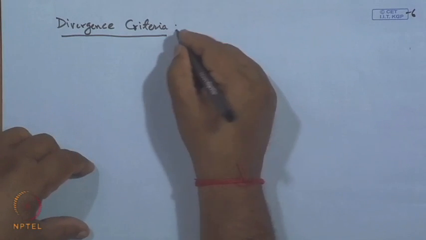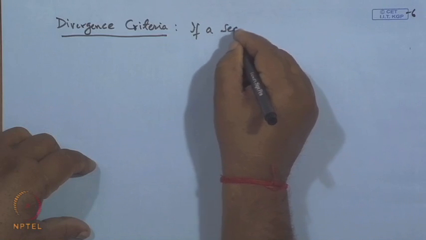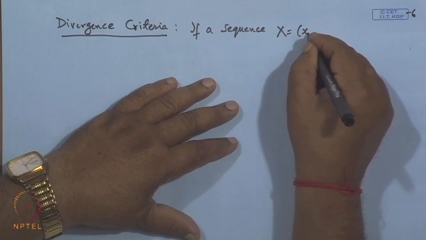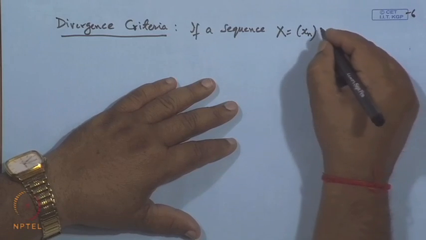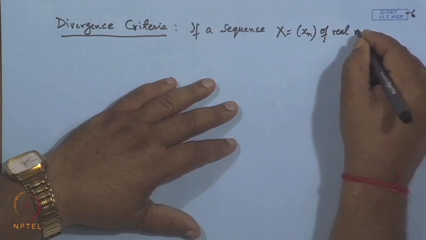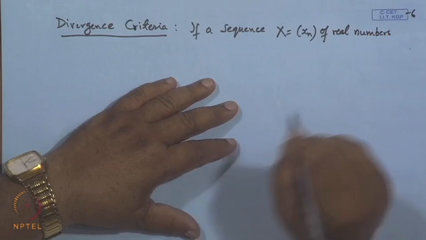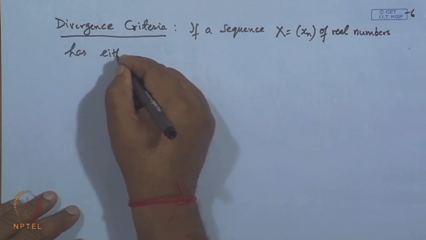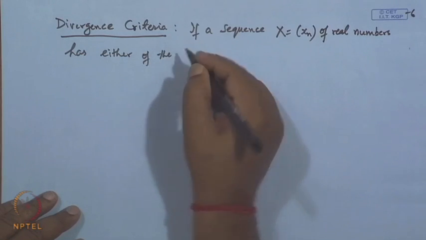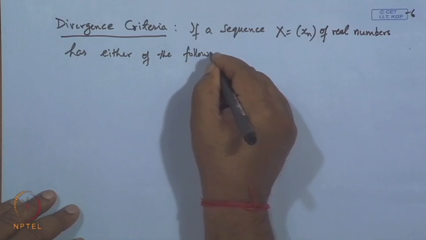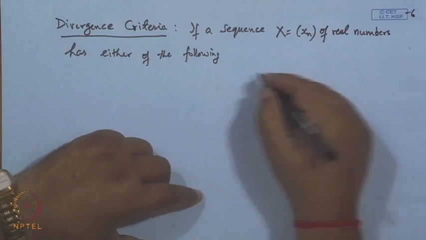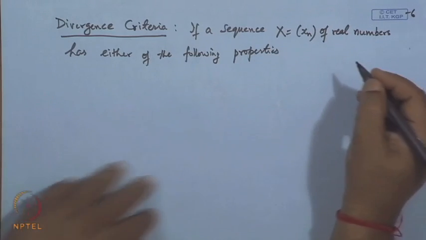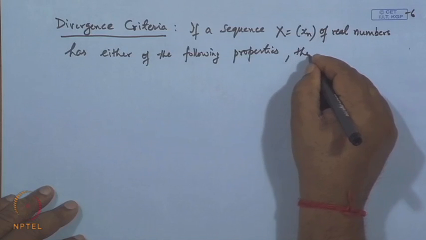If a sequence x, say x n of real numbers, has either of the following properties, then x is divergent.